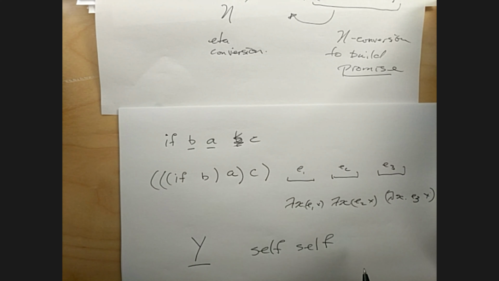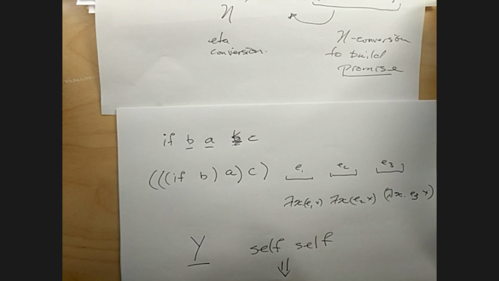Well, that might be a problem, but you can always rewrite self of self as lambda x dot self of x applied to lambda x dot self x, and that will defer evaluating these things.